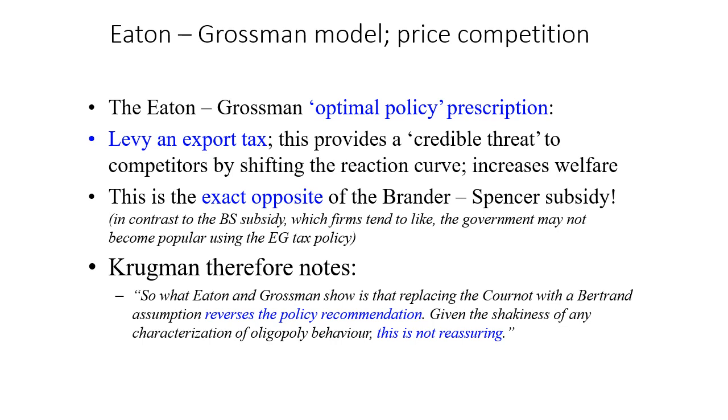So this is where Krugman comes in and he notes that what Eaton and Grossman show is that replacing the Cournot model with a Bertrand assumption reverses the policy recommendation, and this gives a bit of shakiness to any characterization of oligopoly behavior, which is not actually reassuring. It is better to reduce the price of goods for your country's firm than to increase the price of a good of the foreign firm, basically.